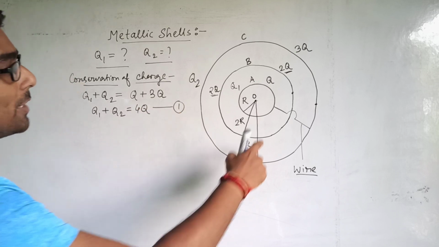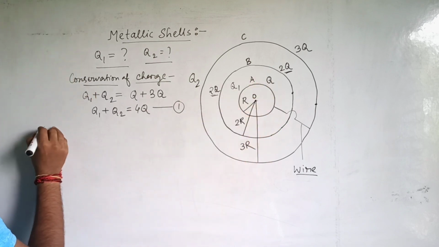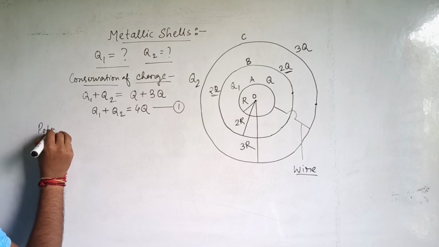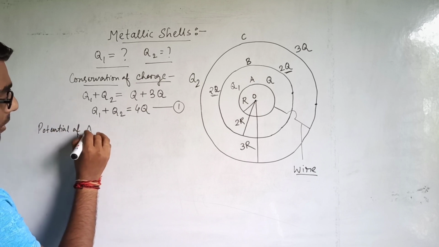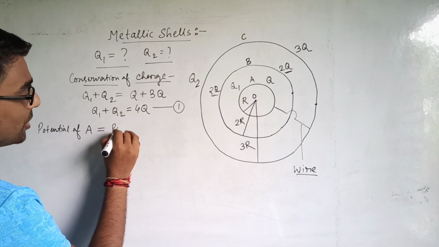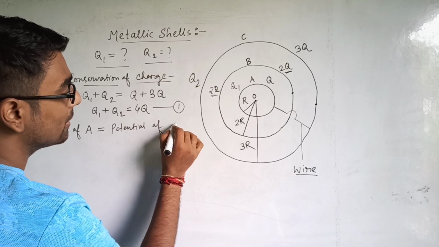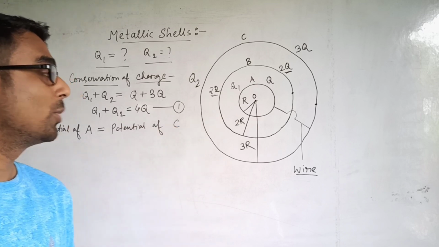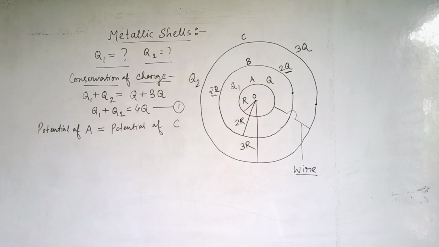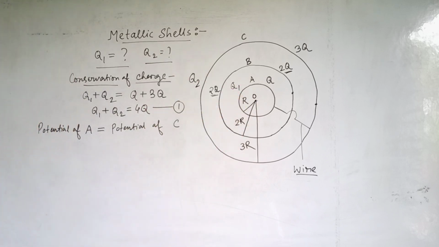Now the potential of shell A will be equal to potential of shell C. Now we need to find the potential of shell A because of all these three concentric shells.